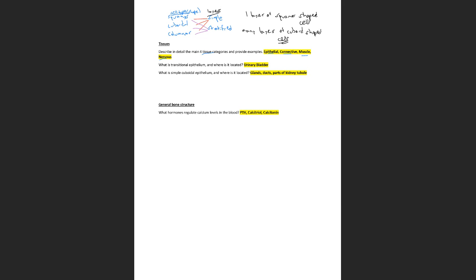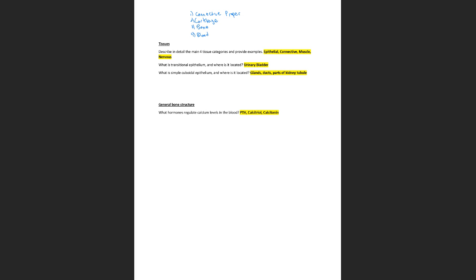Now for connective tissue, this is where it gets a little tricky. Well, it's not tricky, it's just a lot of information. Let me delete this. For connective tissue, we have connective tissue proper, we have cartilage as a category. We have bone, and then we have blood. Okay, connective proper.